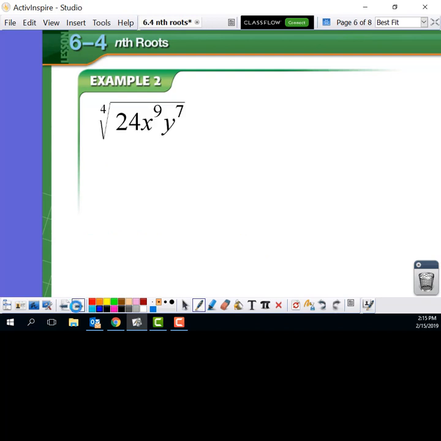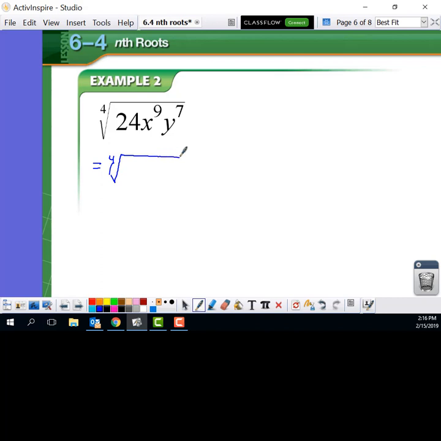All right, here's one that's a little bit different because everything's not going to just divide evenly. Okay, so take a second, write this one down, and we'll go through this. Okay, so 24 is not a number that's to the fourth power, but it can be broken down so that one of the factors is a number to the fourth power. Okay, so let's see here.